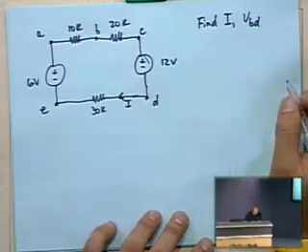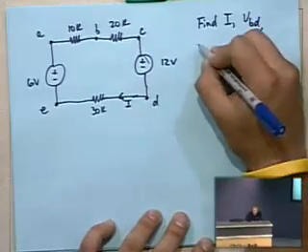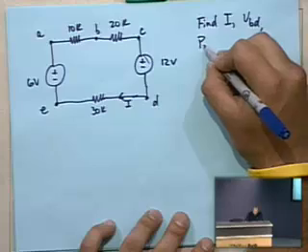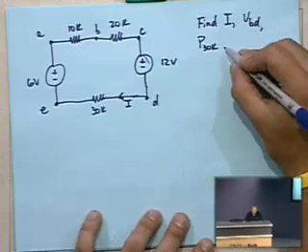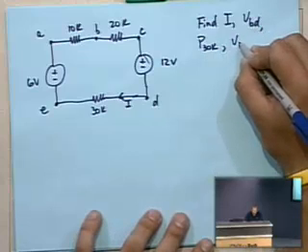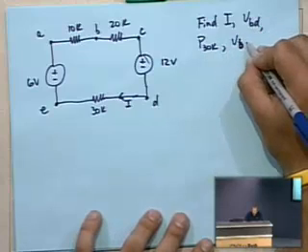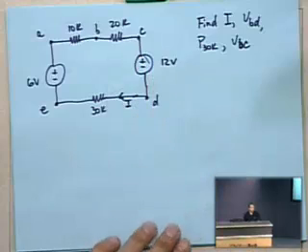And the power that's in the 30K resistor. And we also want to find VBC, which is the voltage across the 20K resistor. So those are all of the things that we want to find.